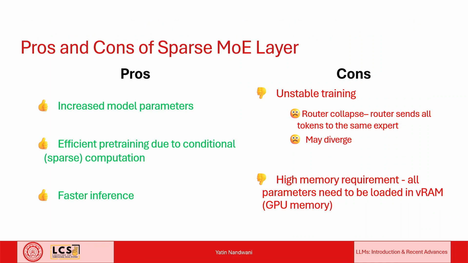Another issue because of which we may have unstable training is router collapse. Earlier we saw why experts are not collapsing; nonlinearity is helping there. Now, what if the router collapses? Meaning that the linear function which it is learning routes all the tokens to only one expert.